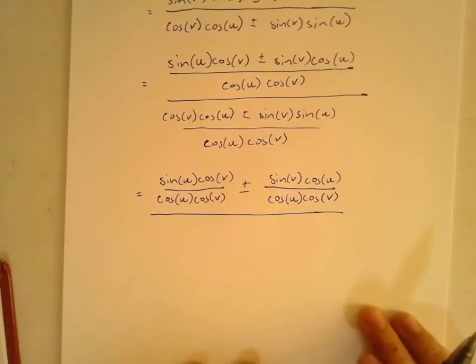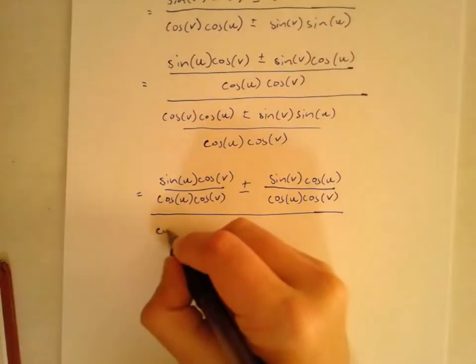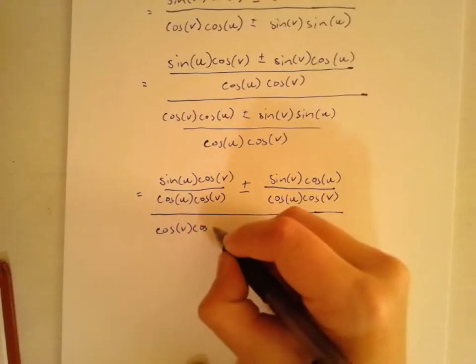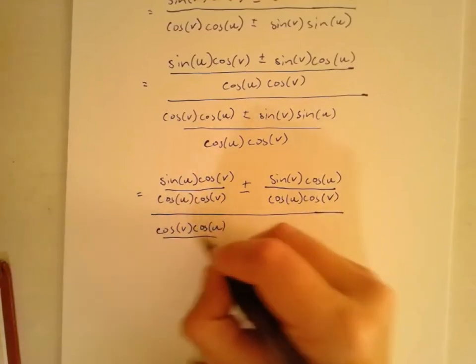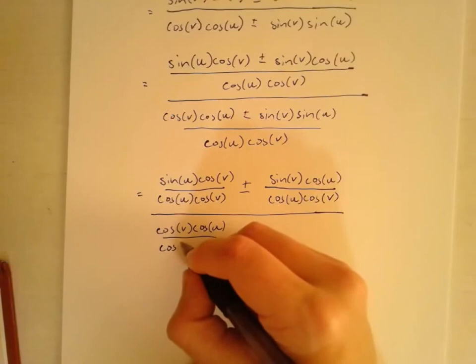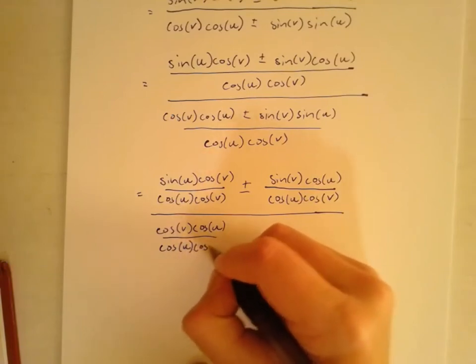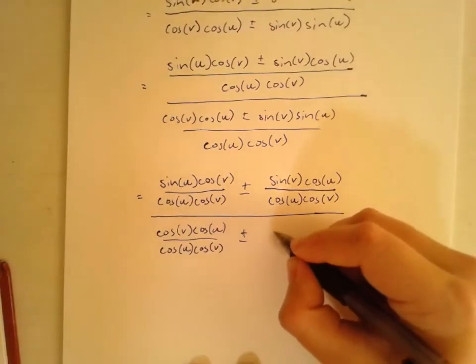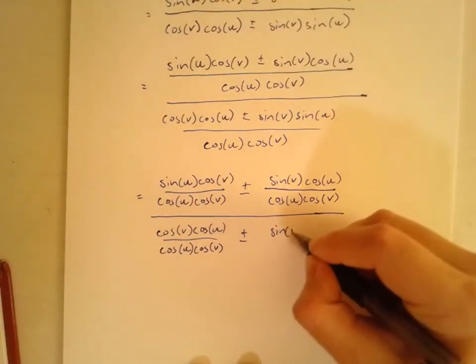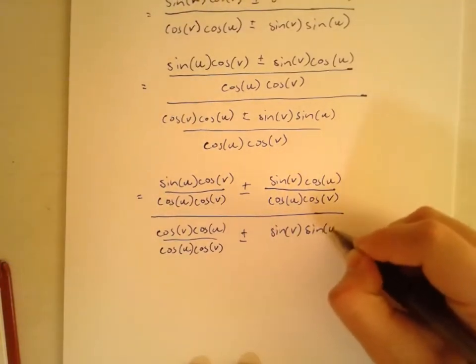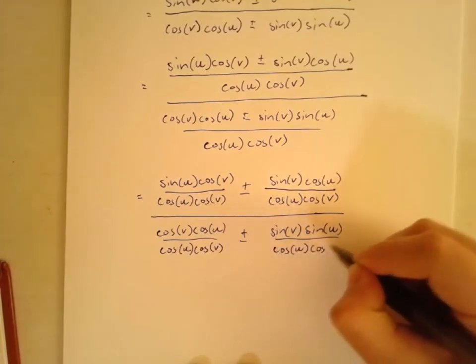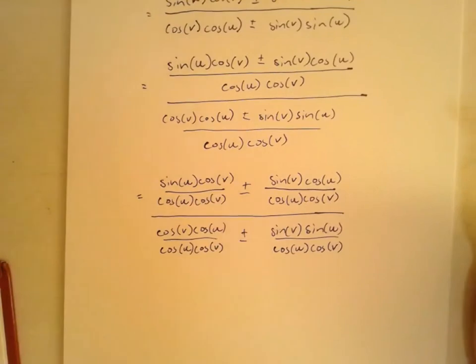And the bottom fraction doing the same thing, putting each part over cosine u cosine v. It's going to take a little bit of writing to get there, but we can get through it. All right. I have my sine v sine u over cosine u cosine v.